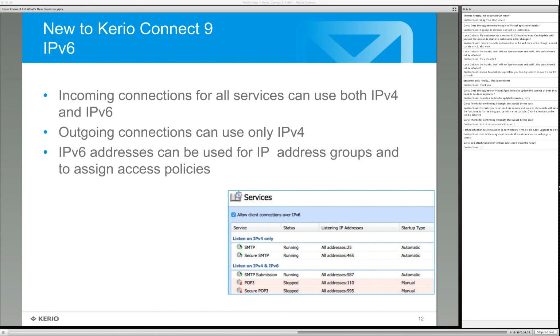You can also define IP address groups for various services such as SMTP, secure SMTP, IMAP, LDAP, instant messaging, etc. Ultimately, from Kerio Connect 9, you can define IPv6 addresses for both of these access policies for all outgoing connections for all the services that I mentioned.